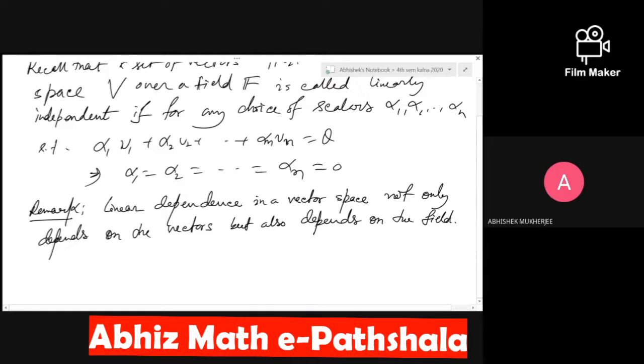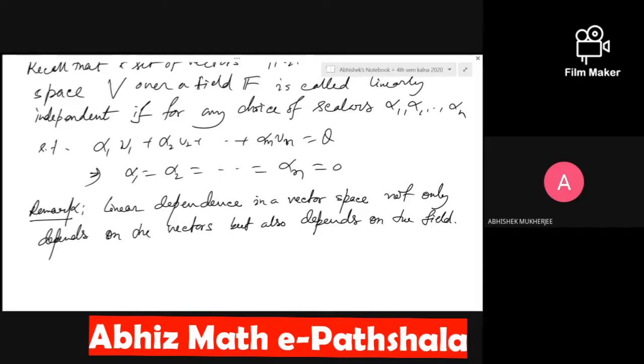So linear dependence not only depends on the vectors, but it also depends on the field that we have considered, over which the set V forms a vector space.